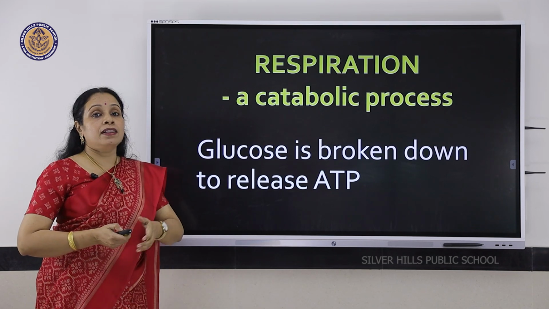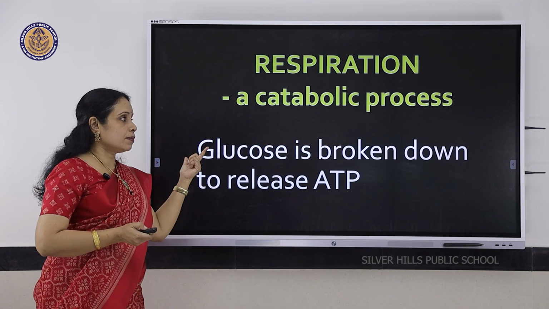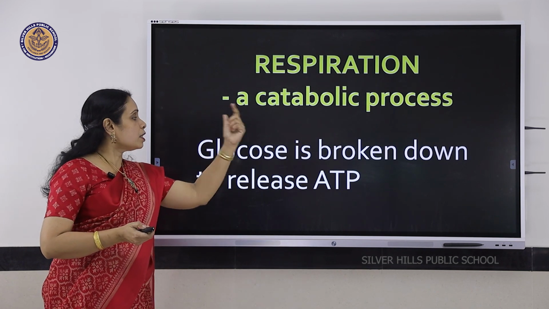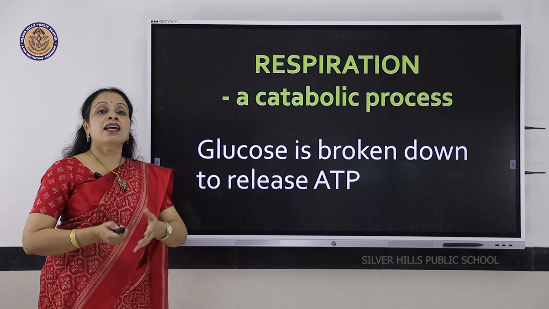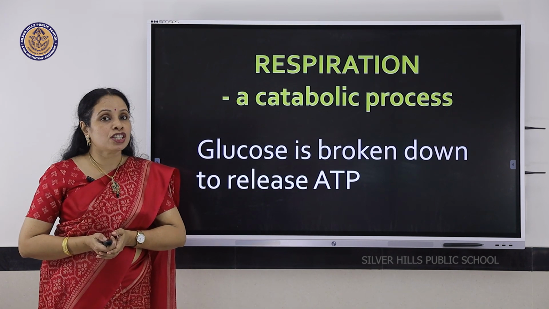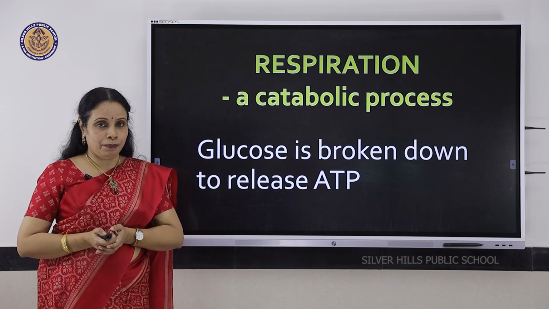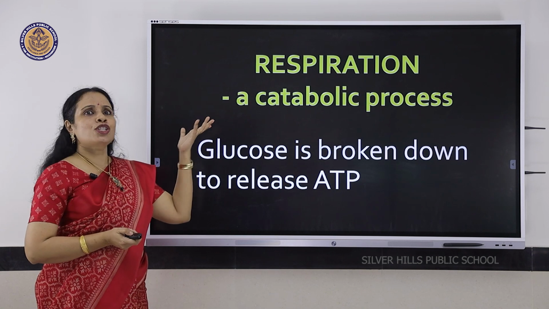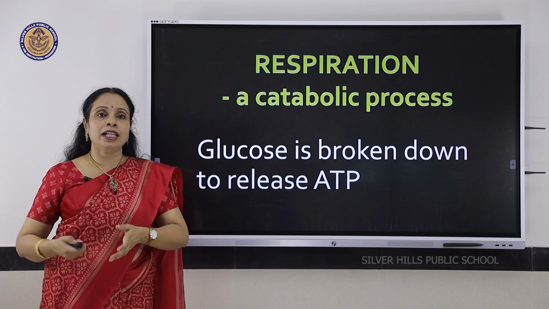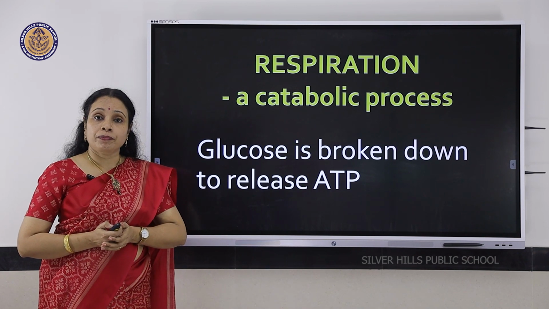So, a big material like glucose, C6H12O6, that is broken down to release ATP. ATP, you know, is adenosine triphosphate, the energy currency of the cell. So, whether it's a plant or a human being or any other animal, we all need ATP, energy.